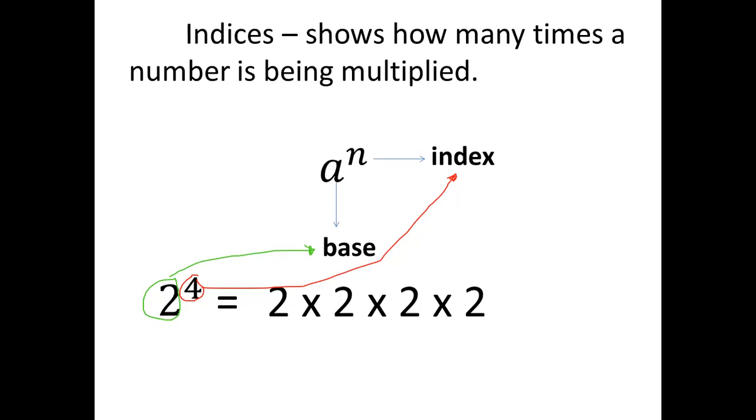That is 2 times 2 is 4, times 2 is 8, times 2 is 16. Therefore, 2 to the power of 4 equals 16.